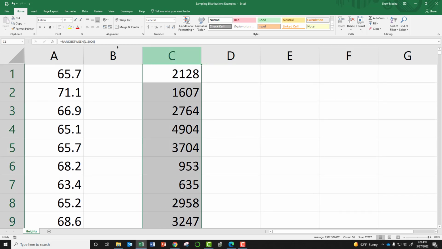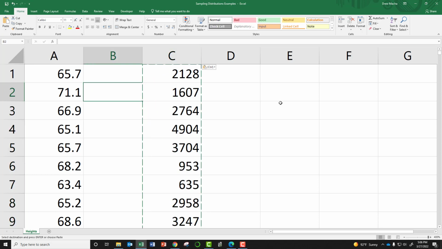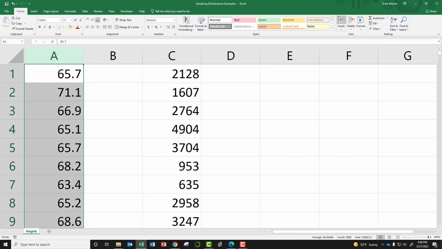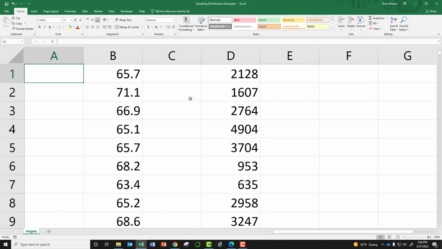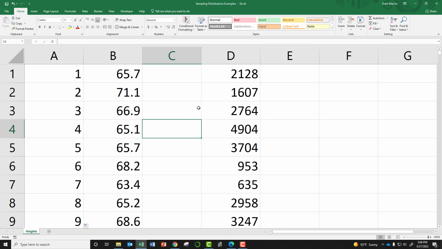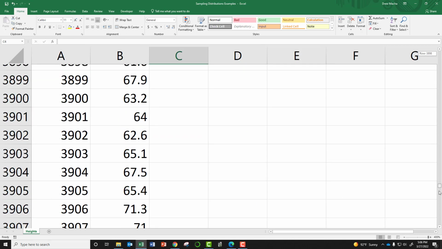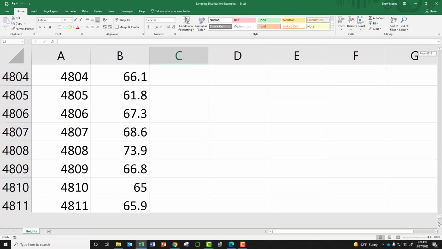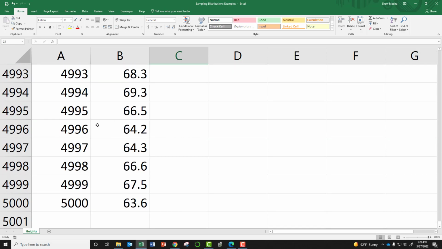These are now going to be the indexes for 30 students that I'm going to pick out. So I have to add an index to my list, and I'll just number these measurements 1 through 5,000. Now that that's done, I've got 5,000 of these measurements in the list here in column B.